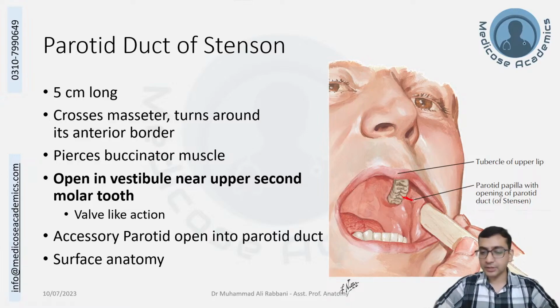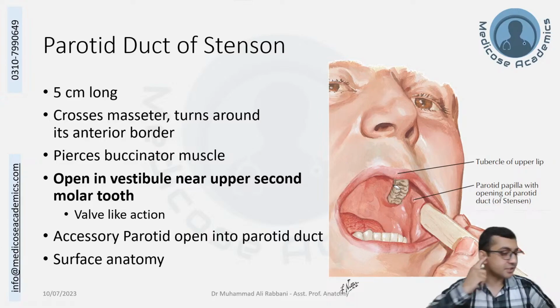And if there is a bleed, you can see it from here. The surface anatomy is very interesting. If you look at your ear, there is the tragus, the antitragus, and between them the intertragal notch. And at the midline, this is called the philtrum.